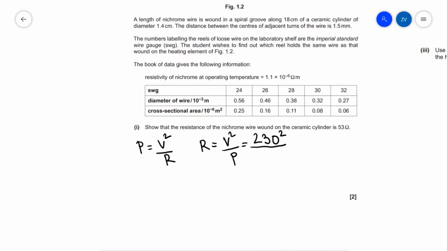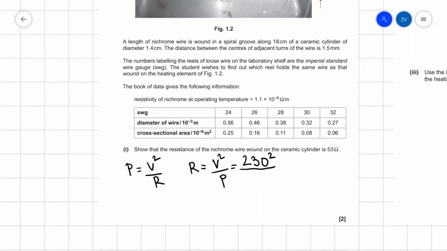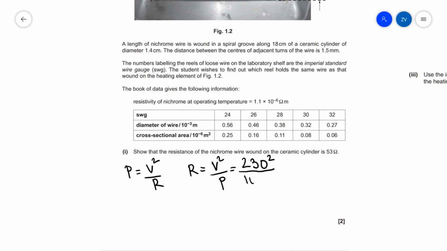We're not going to forget the square. And our power is 1 kilowatt, so I'm going to make sure that I write 1,000 here, or 10 to the power 3. If I divide those two quantities in my scientific calculator, I am going to get 52.9, which up to two significant figures is equal to 53 ohms.